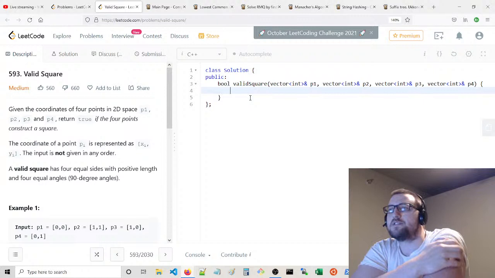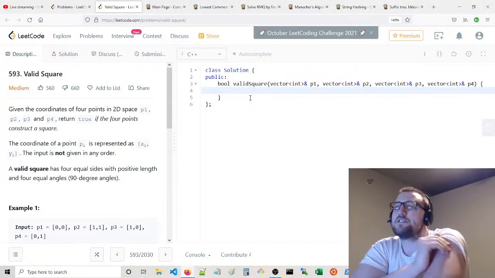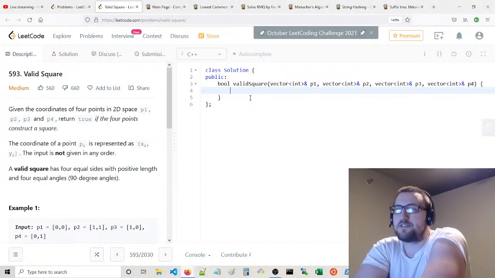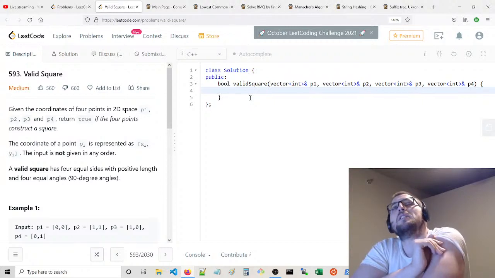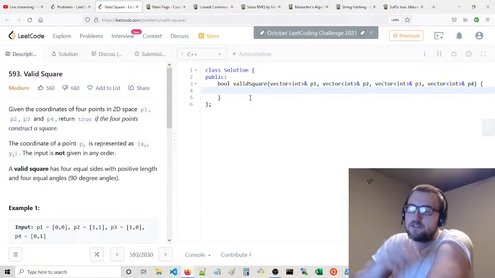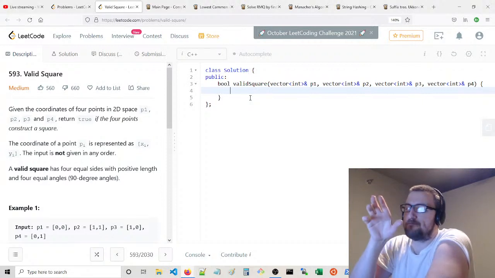All those 4 lengths need to be the same, but there also is an issue. Actually, I see why there are all these downvotes. What's interesting about this question is that the square could actually be on an angle if you wanted it to be.